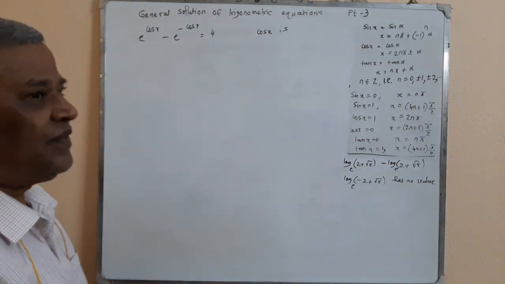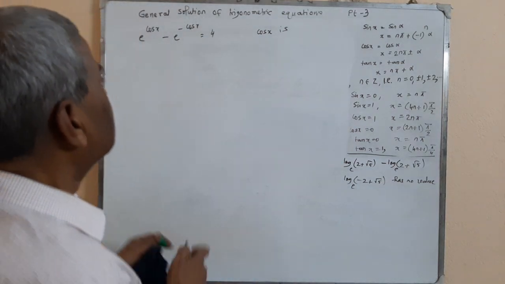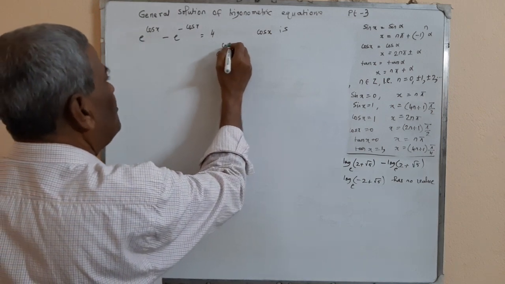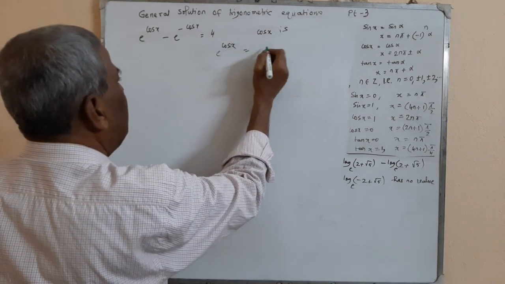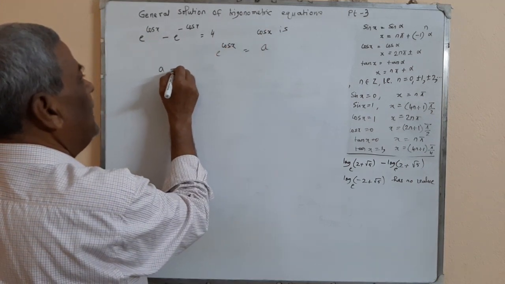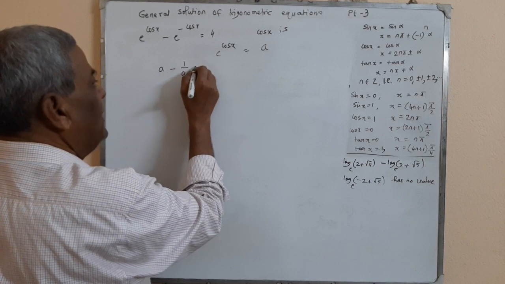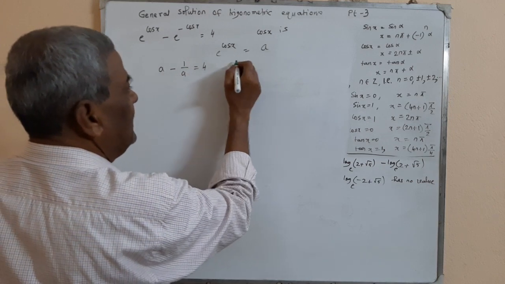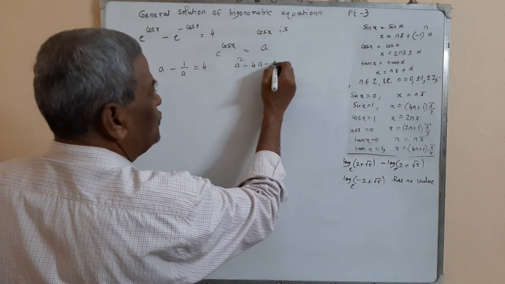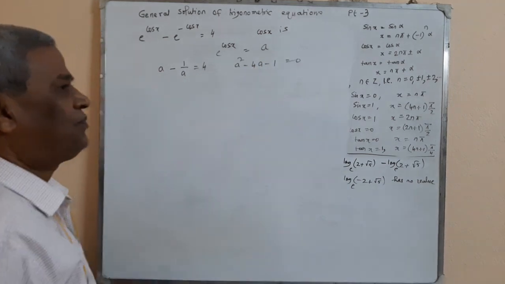So let us take e to the power cos x is equal to, say, a. Then this becomes a minus 1 by a is equal to 4, that is a square minus 4a minus 1 is equal to 0.